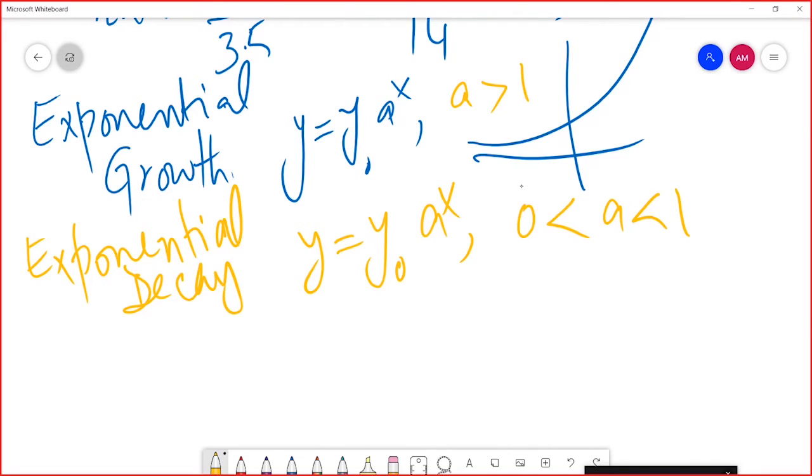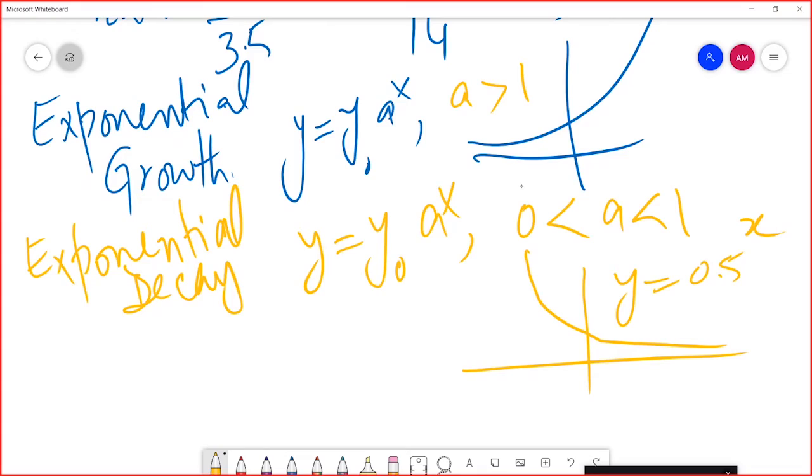If I have to draw this thing, we can draw it afterwards. So it is something like, a is less than 1, and I put any values. For example, let me draw it. Say you have y is equal to 0.5 raised to the power x.